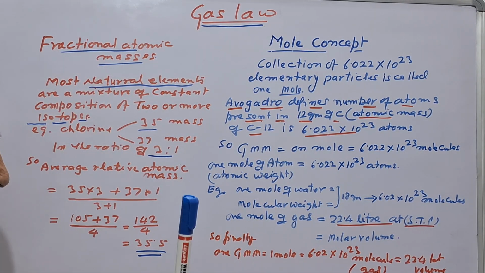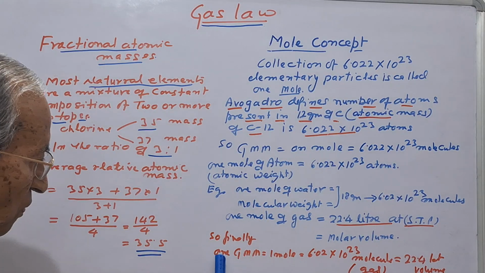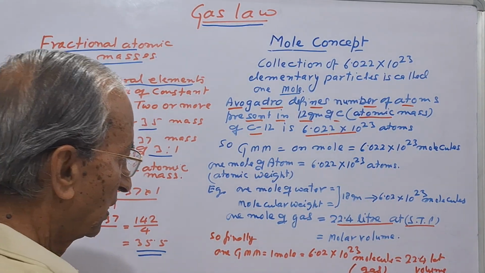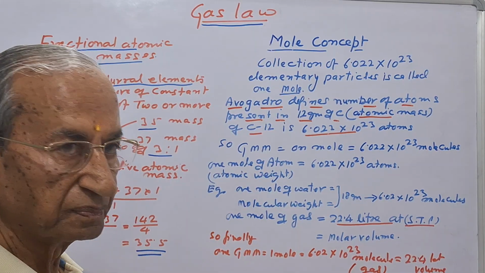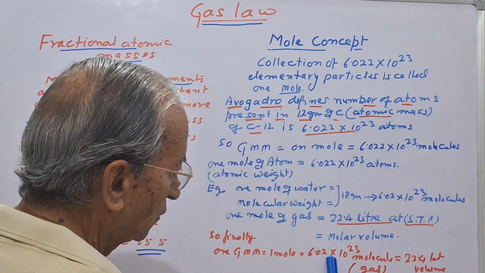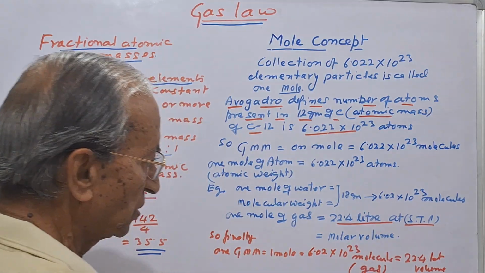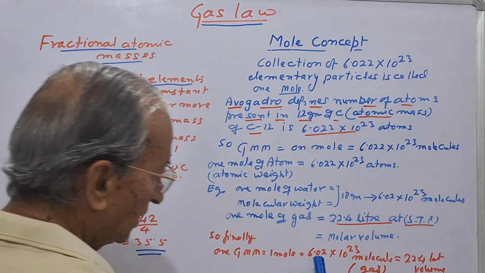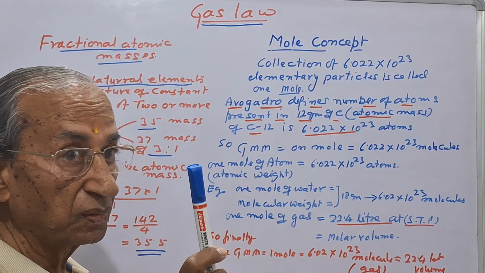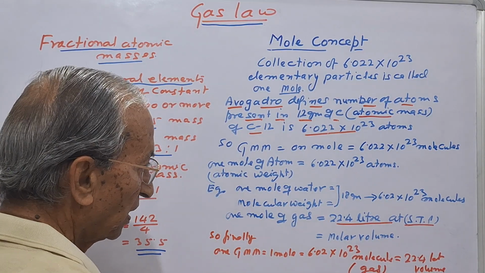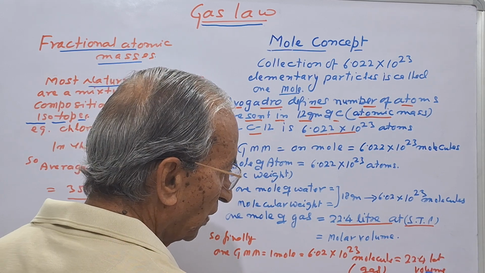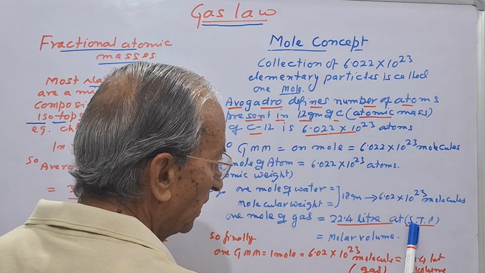So, relationship is 1 gram molecular mass, that is known as the 1 mole. It contains 6.022 10 to the power 23 molecules, and this much number of the molecules of the gas are 1 mole of the gas. It is equal to 22.4 liter volume when measured at STP.